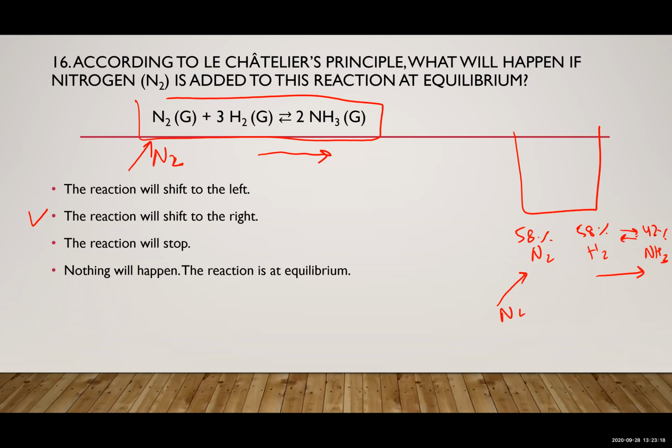It may be now 48% here and 52% here. That's the meaning of shifting to the right. Shifting to the right means the quantity of product will be more than before. Does that make sense?